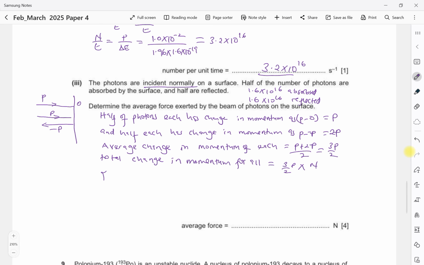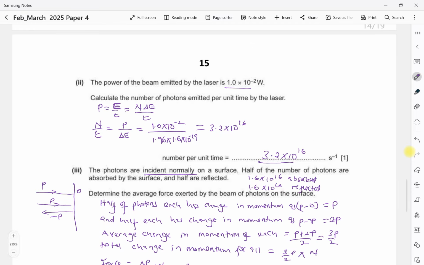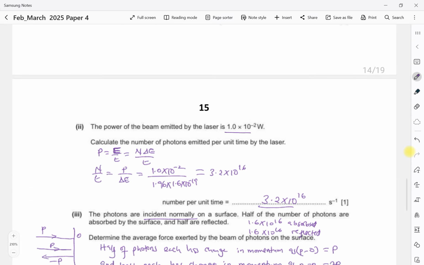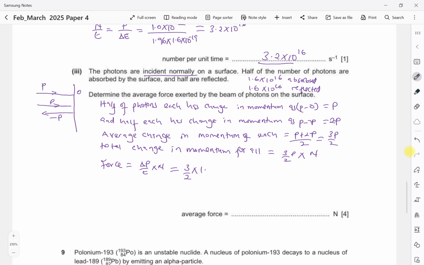And we know that force equals change in momentum over time. So the force is going to be equal to the total change in momentum, which is 3 over 2 times the momentum of one particle. What is the momentum of one photon?